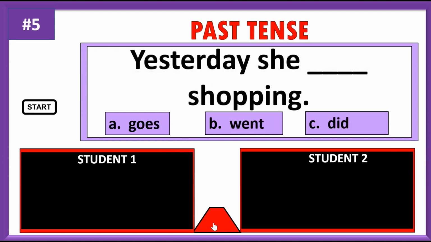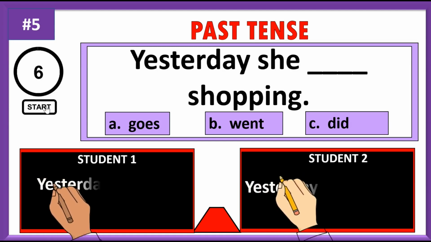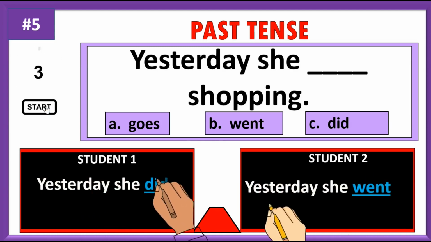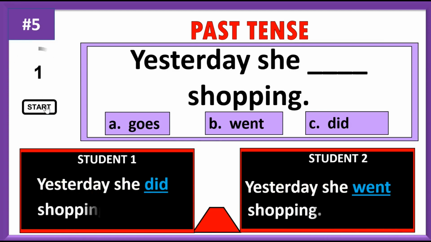Let's look at question number 5. And remember, guys, you have 7 seconds to find the verb that will complete the sentence. This one is easy, because you have the time expression yesterday, and it tells you to choose a past tense verb.